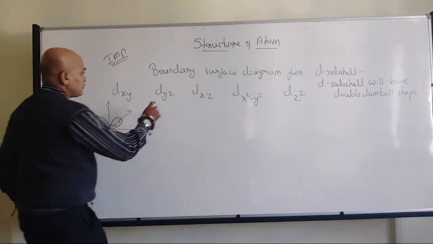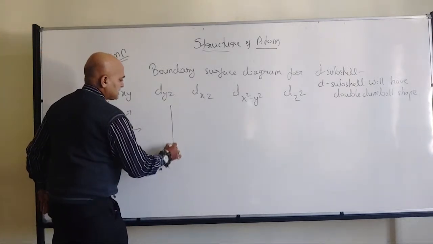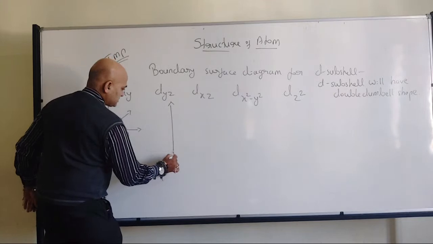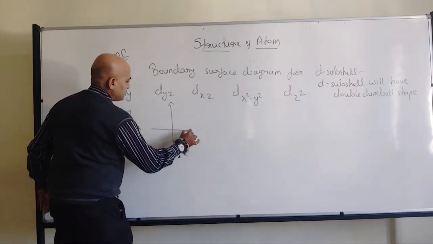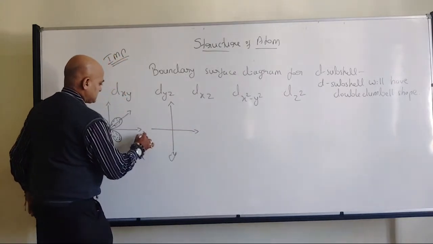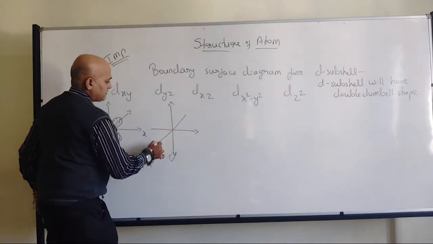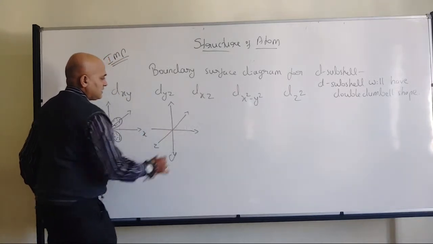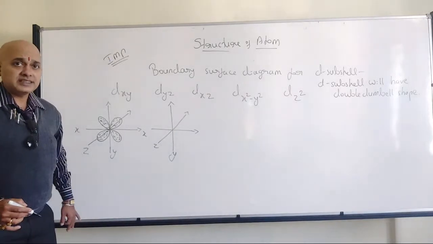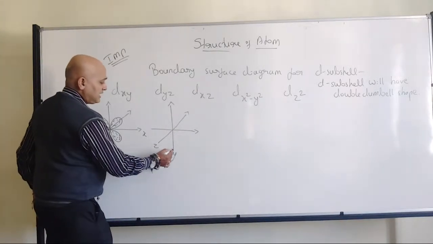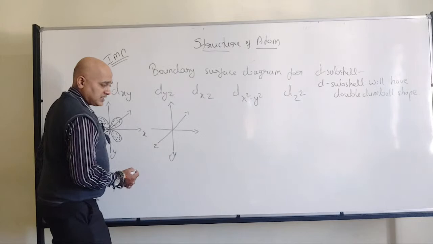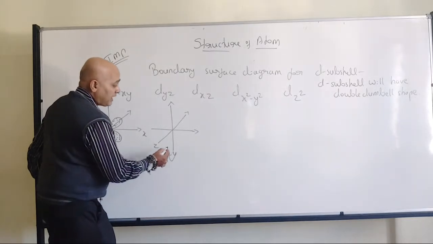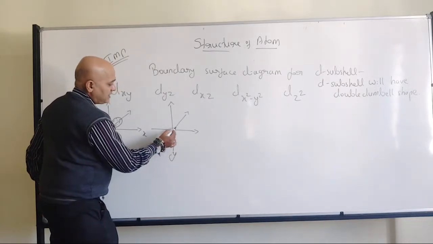Now, when it comes to yz, so as I told, we have to maintain the constant labeled axis. Don't change the label of the axis. So that's where I have the z. Okay? Now, yz, naturally it should be present between y and z. This is y and z axis.